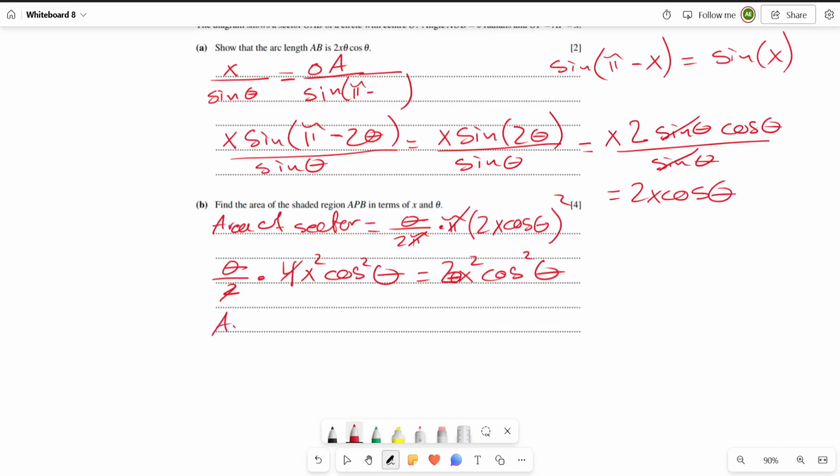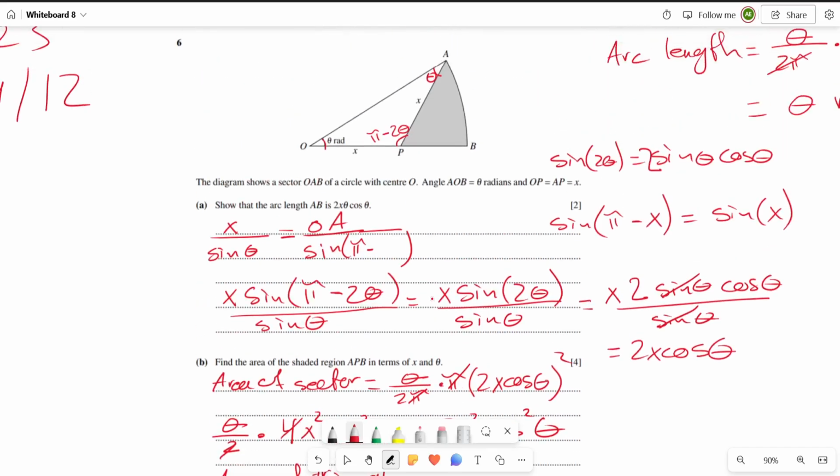Now, the area of the triangle. If I have two sides, let's say OA and OP, and the angle between them, I can find the area of the triangle using this formula: half of the first side times the second side, multiplied by sine of the angle in between them.